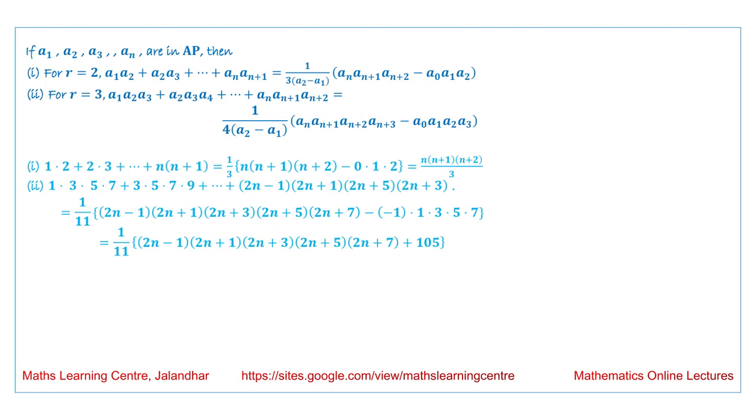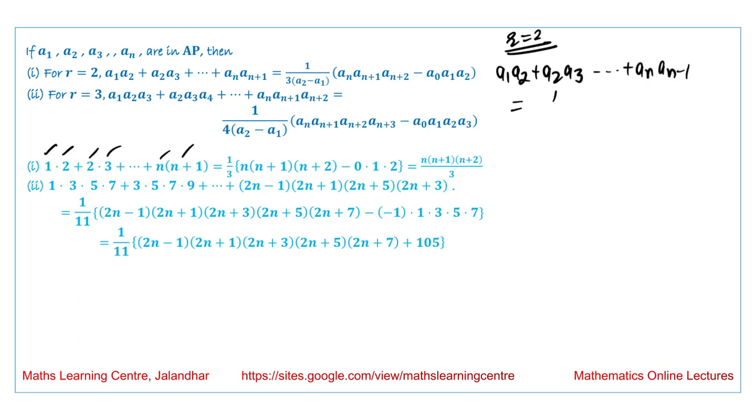So first, we are calculating the sum of 1 into 2, 2 into 3, up to n into n plus 1. The value of r we have is 2, and it is the sum of a1 a2 plus a2 a3 and so on up to an a n plus 1.